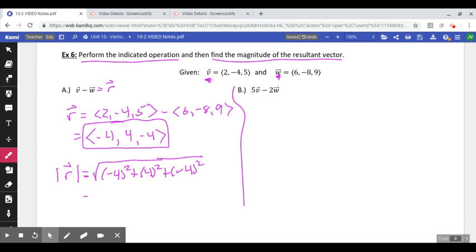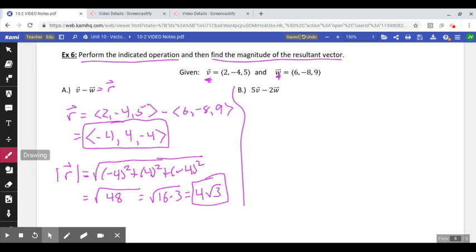I think we're going to have 16 plus 16 plus 16 to add up underneath, which is 48. And then we can simplify this. Just like we said before, that was 3 times 16, or 16 times 3. The square root of 16 is 4. The square root of 3 is just the square root of 3. So in fully simplified form, there's your magnitude for the resultant vector.